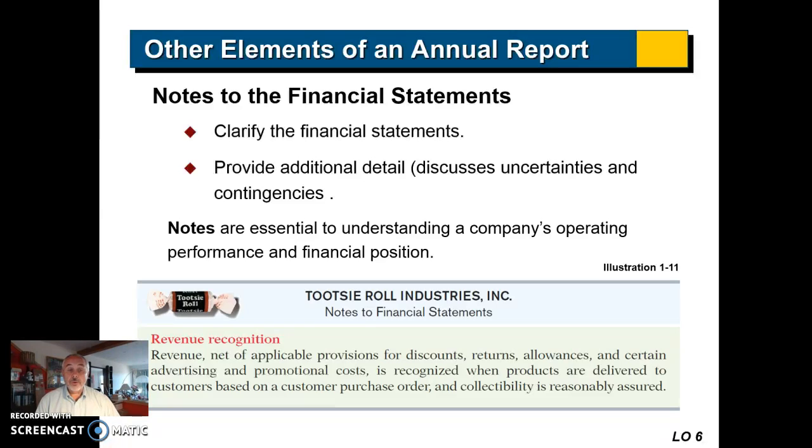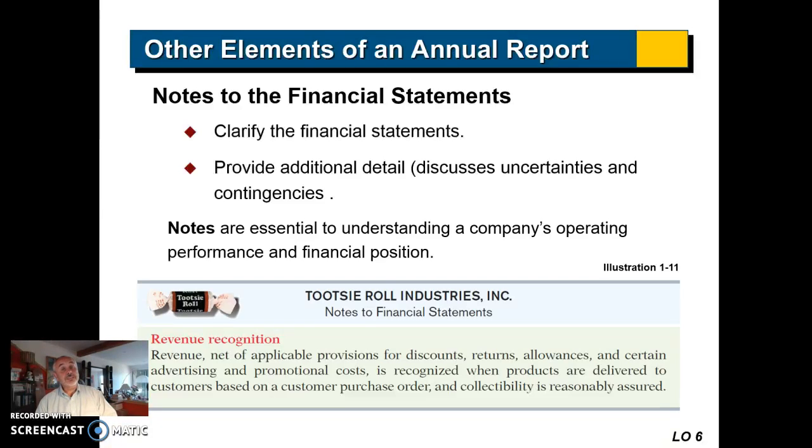If you see below where it says revenue recognition, revenue net of applicable provisions for discounts, returns, allowances, and certain advertising and promotional costs is recognized when the products are delivered to the customers based on the customer's purchase order and collectability is reasonably assured.